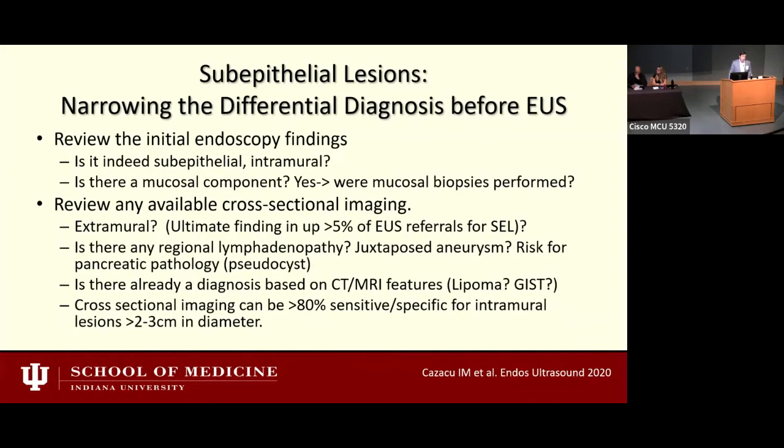So really, you want to hunt down that cross-sectional imaging before you embark on that diagnostic algorithm. Because cross-sectional imaging studies, even for an intramural lesion, can be diagnostic if the lesion is greater than 2 to 3 centimeters. Lipomas, GISTs do have some distinctive radiographic characteristics. So you may already have a diagnosis before you even perform an endoscopy in this patient to ascertain the subepithelial lesion.